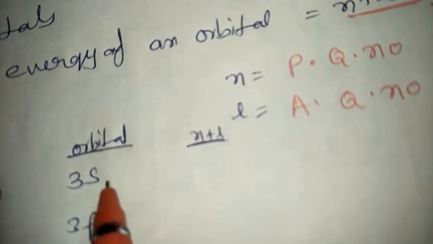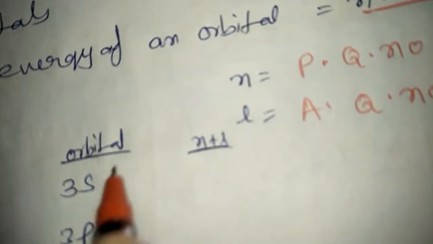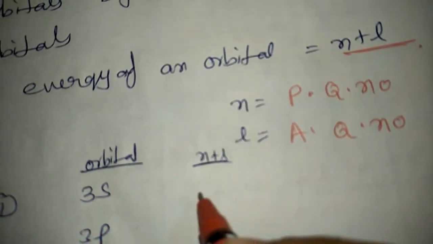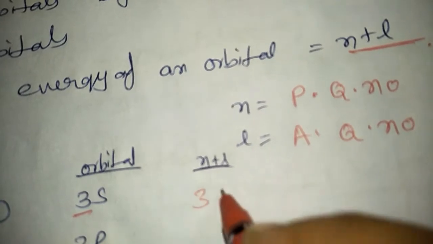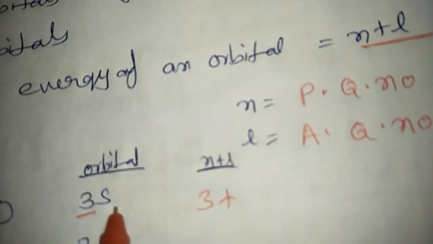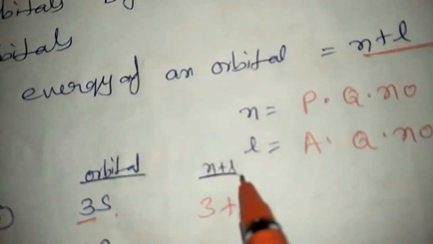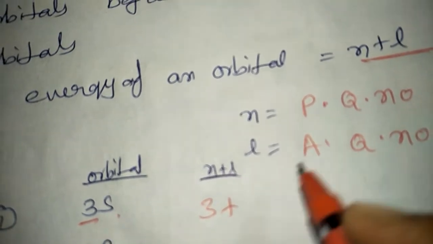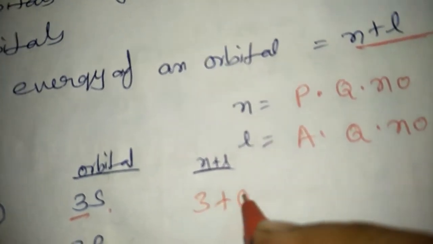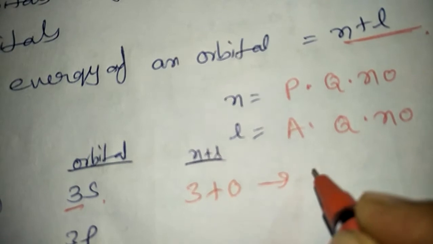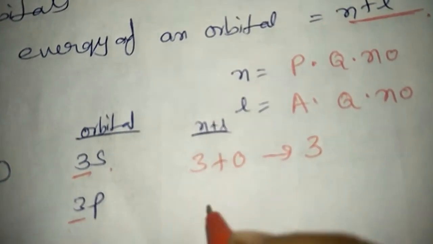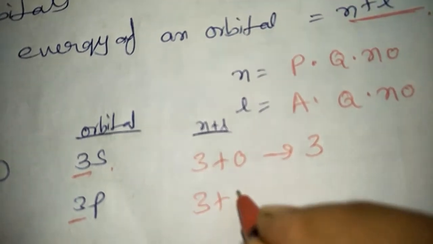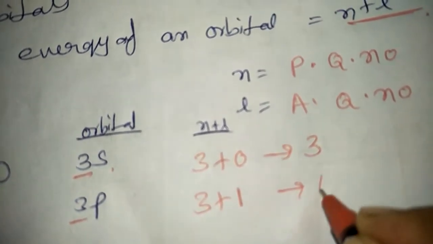First, if you take the two orbitals 3s and 3p: for 3s, the n value is 3, and for s the l value is 0, so total n plus l value is 3. For 3p, n value is 3, p means l value 1, so total 4.